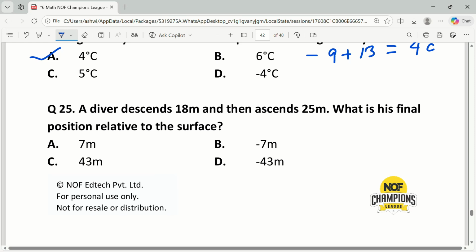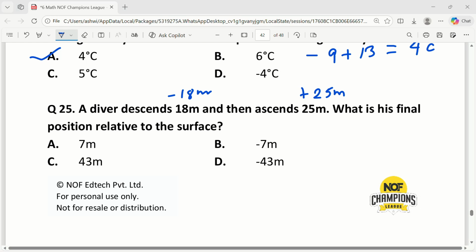Question 25. Diver descends 18 meter and then ascends 25 meter. What is his final position relative to the surface? Descending 18 meters is represented as minus 18 meters and ascending 25 meters is represented as plus 25 meters and the surface is 0 meter. Final position is equal to initial position plus descent plus ascent.